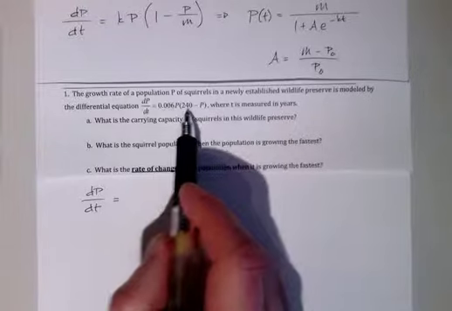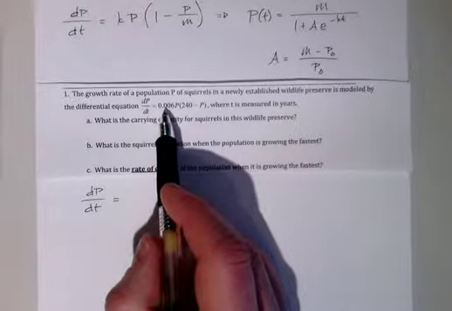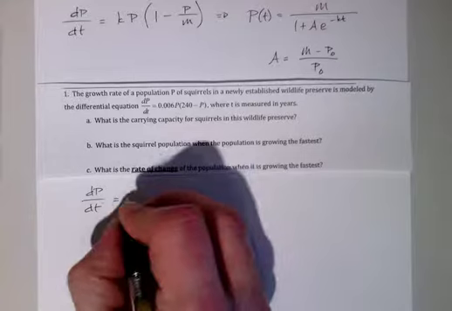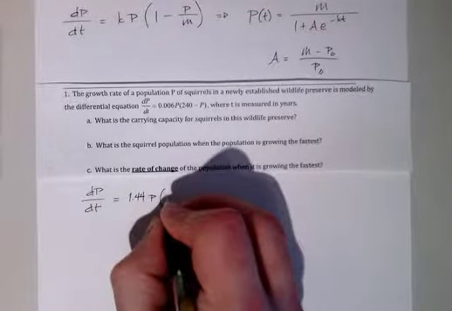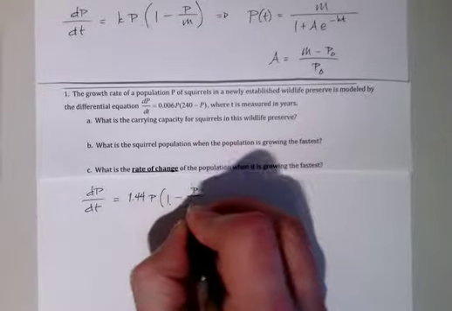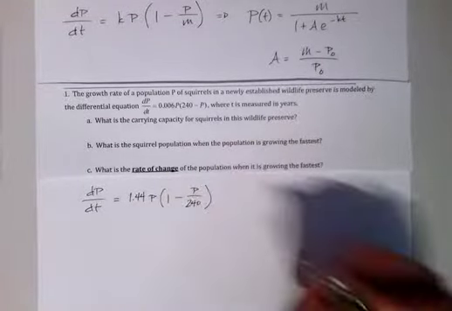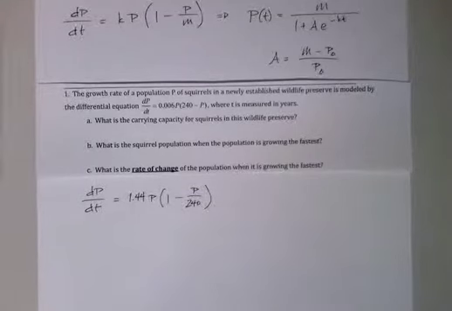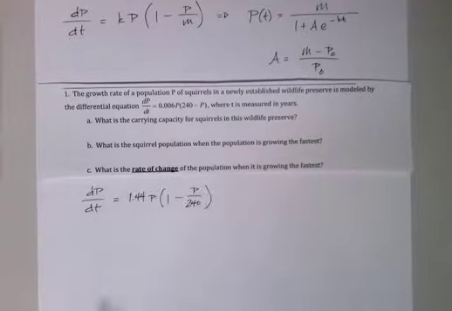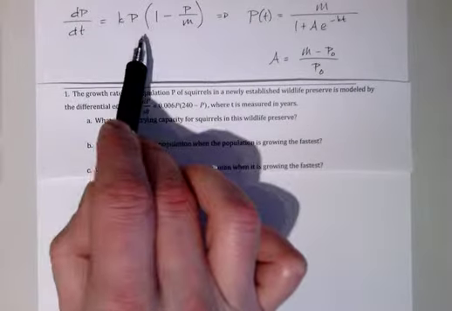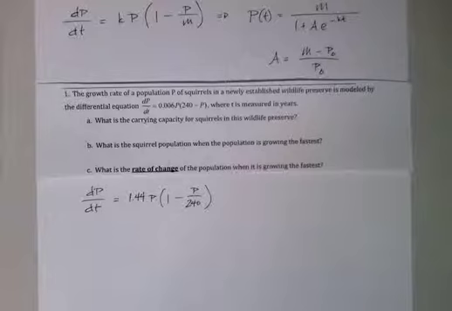And when I factor out 240, it's going to combine with this 0.006, and it's going to make 1.44 P (1 minus P over 240). Okay? Now that is my differential equation.